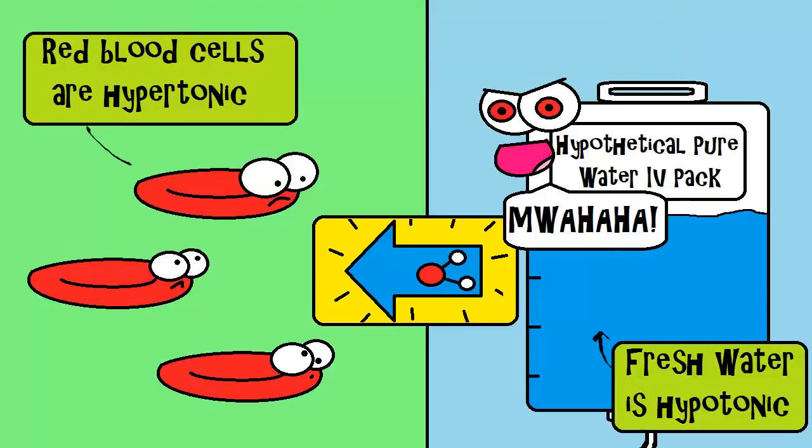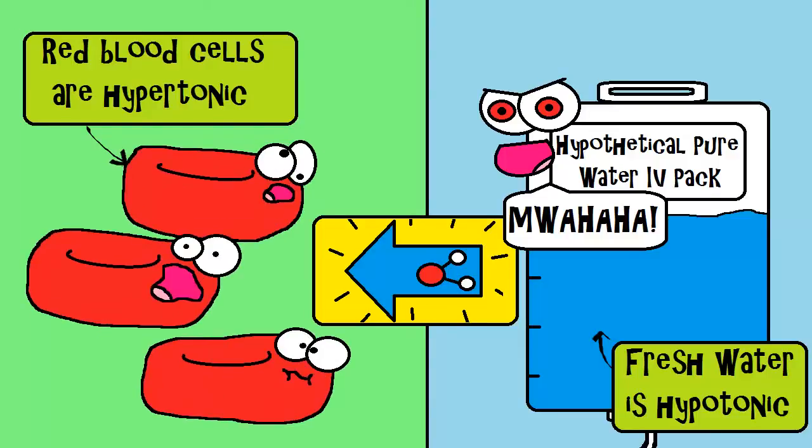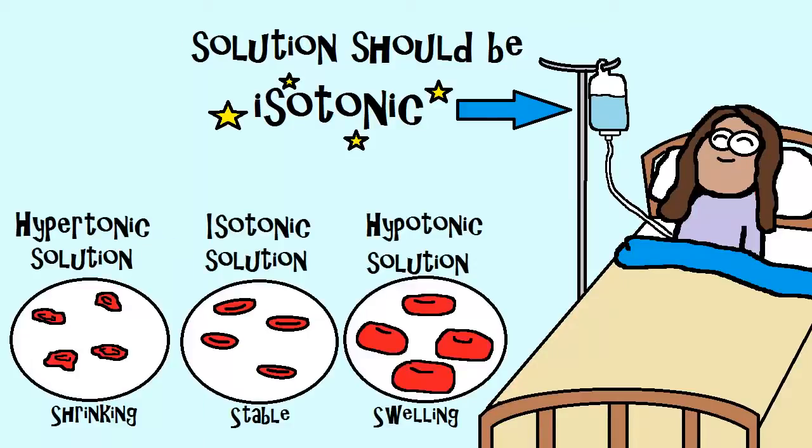The cells are hypertonic compared to the water in the IV tube because the cells have a greater solute concentration. The cells would swell with water and possibly burst. Exploding red blood cells are not fun. If a person needs fluids, they typically receive a solution that is isotonic to their blood plasma. Isotonic means equal concentration, so you wouldn't have any swelling or shrinking red blood cells, and that's a good thing.